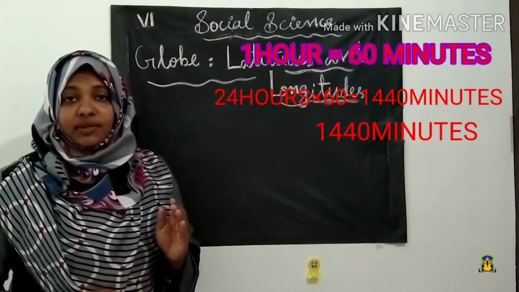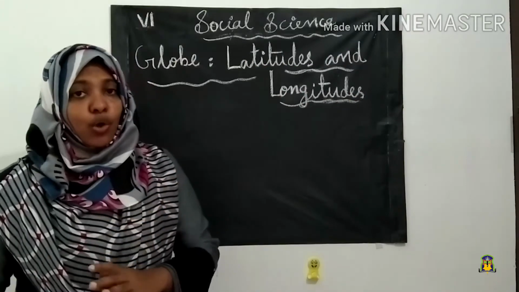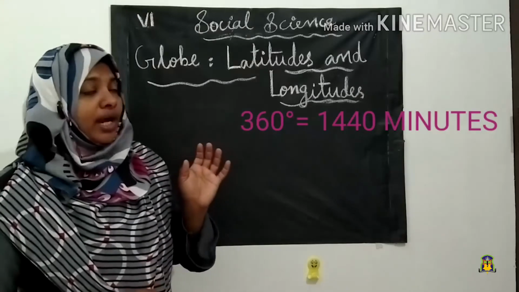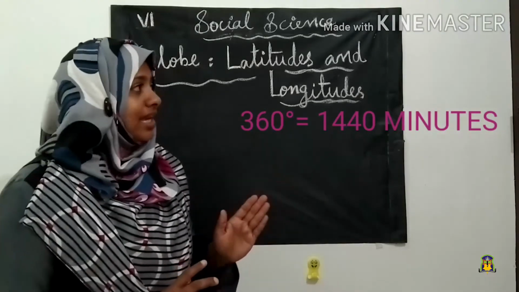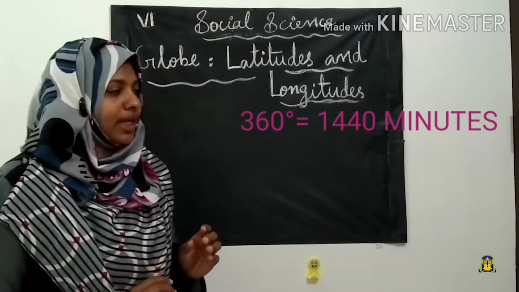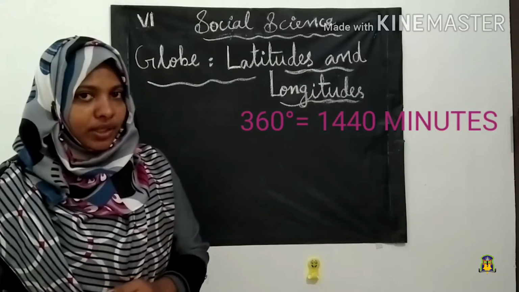You know that there are 360 degrees of longitude all around the earth. So 360 degrees is equal to 1440 minutes. We have to calculate 1 degree.